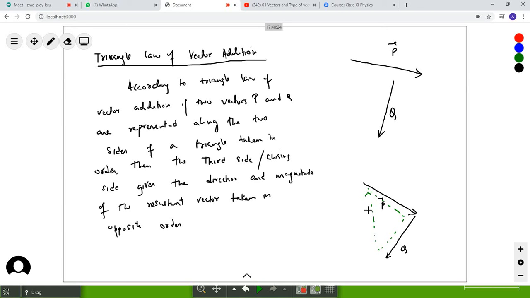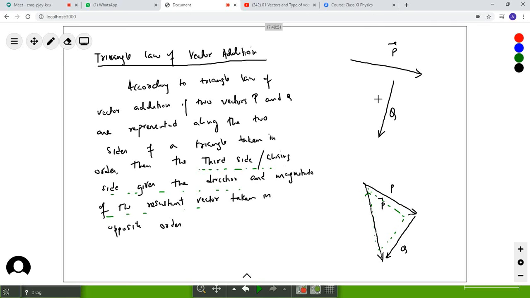Is it or not? But no, we should not do that. Then the third side or the closing side gives the direction and magnitude of the resultant vector taken in opposite order. So what will be the opposite order? The opposite order will be like this, right?